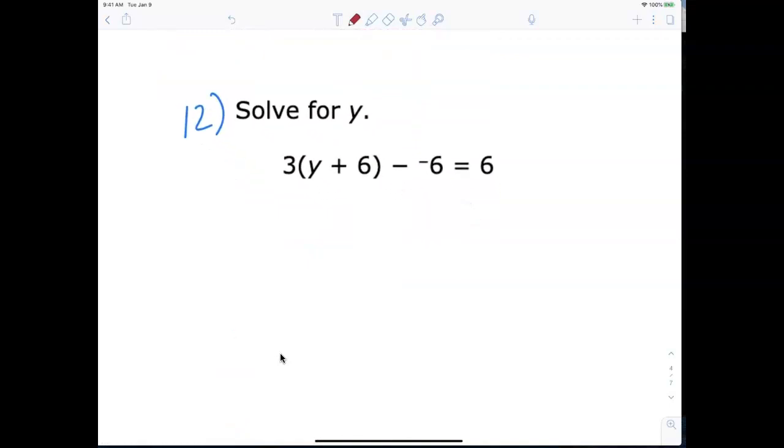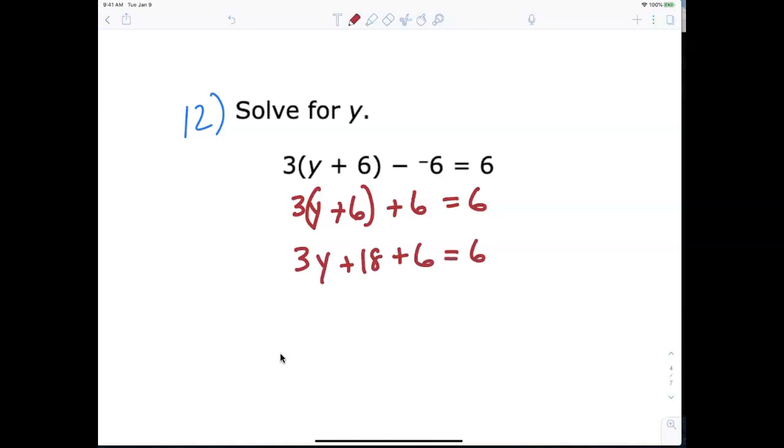Let's take a look now at question number 12. I want to rewrite this now as 3y plus 6 plus 6 equals 6. A lot of 6's here, guys. So let's go ahead and distribute. 3y plus 18 plus 6 equals 6.